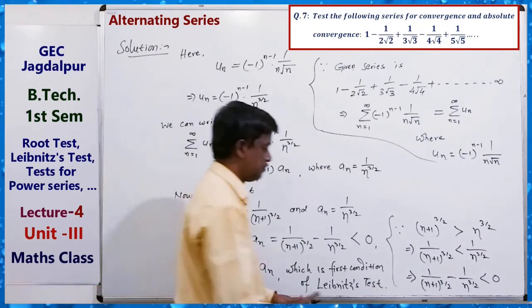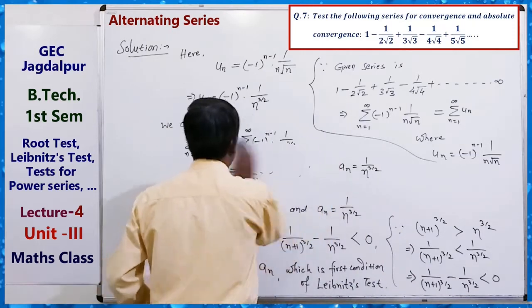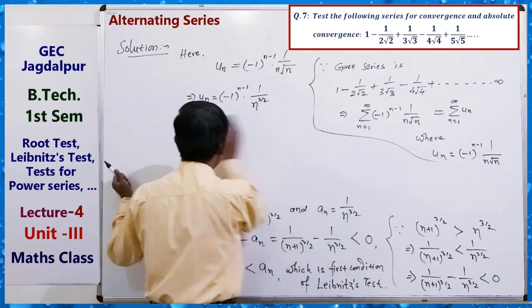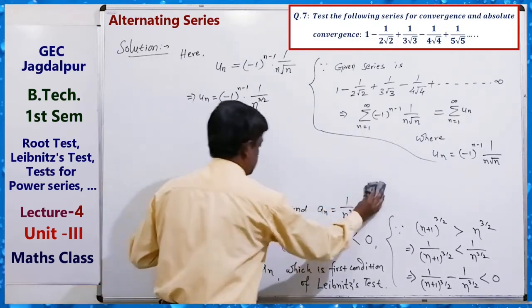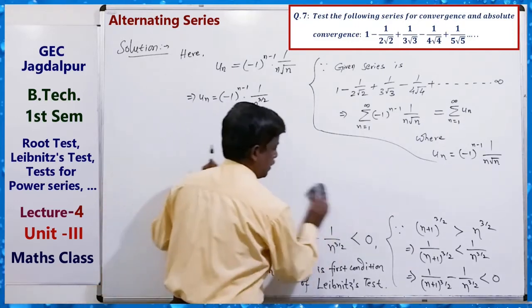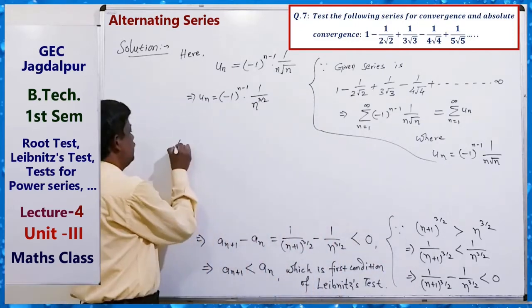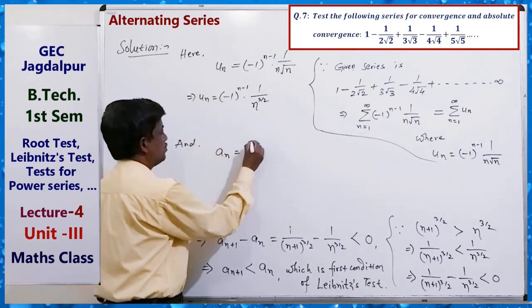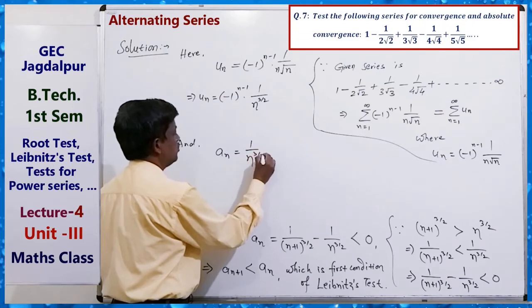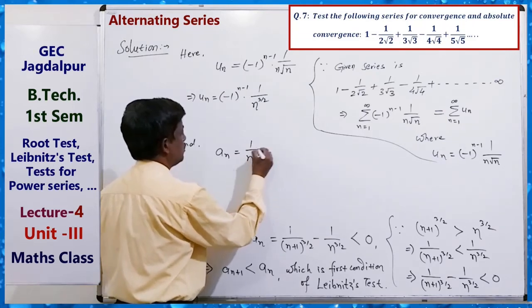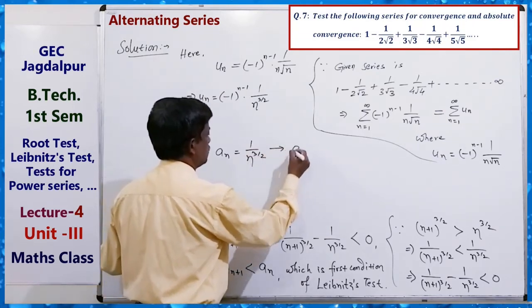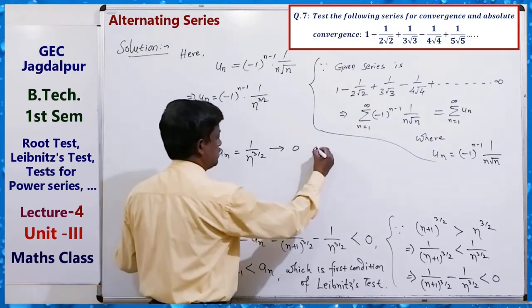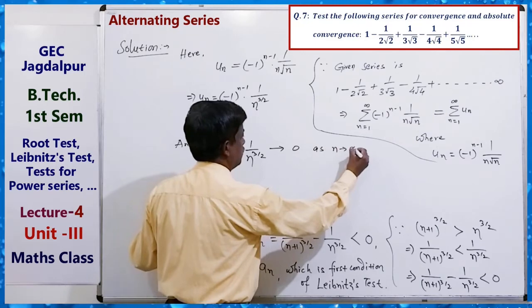The second condition is tending to 0. an equals 1 upon n to the power 3 by 2 tends to 0 as n tends to infinity.